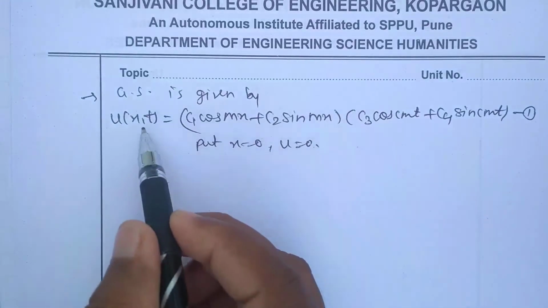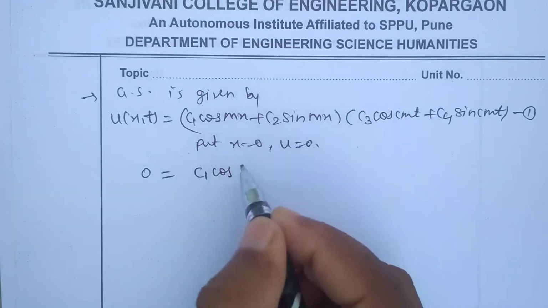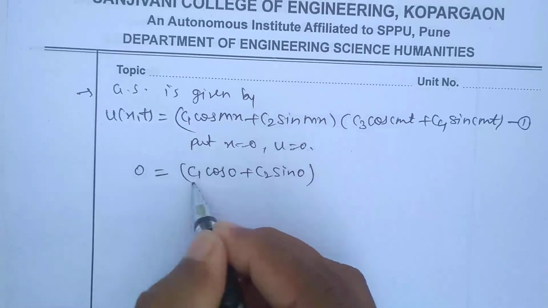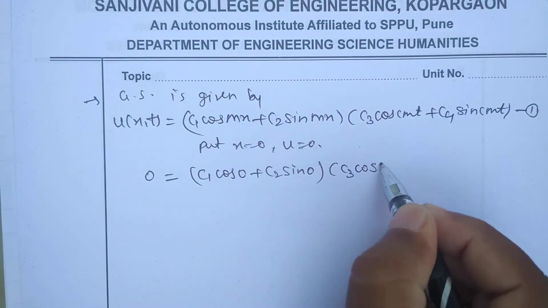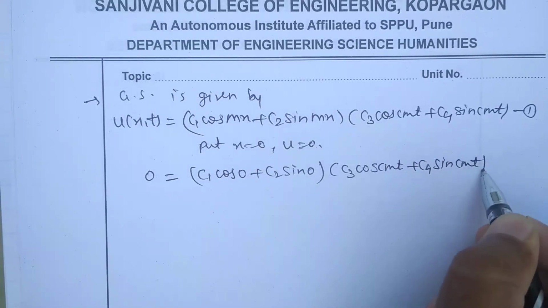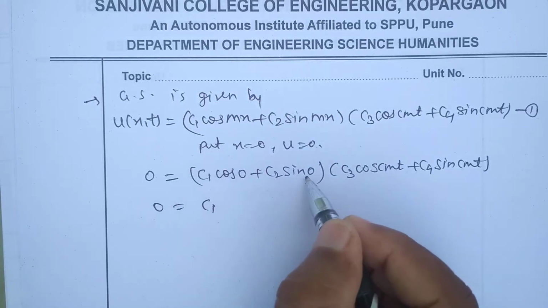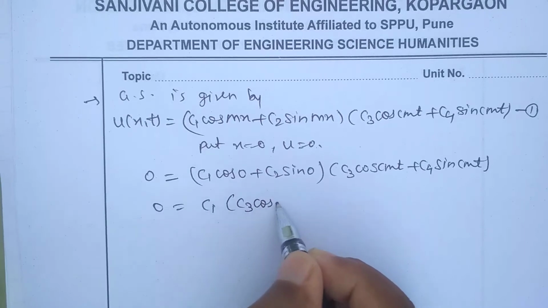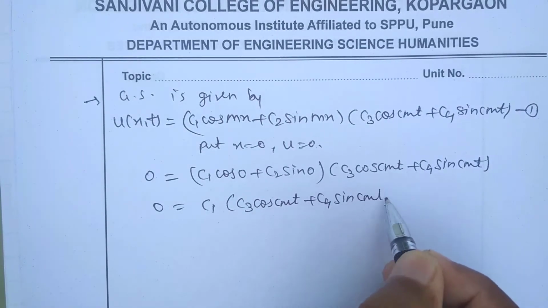The left hand side is 0, equals c1 cos 0 plus c2 sin 0, into the next bracket as it is, c3 cos cmt plus c4 sin cmt. So 0 equals c1, since cos 0 is 1 and sin 0 is 0, so this term gets eliminated.